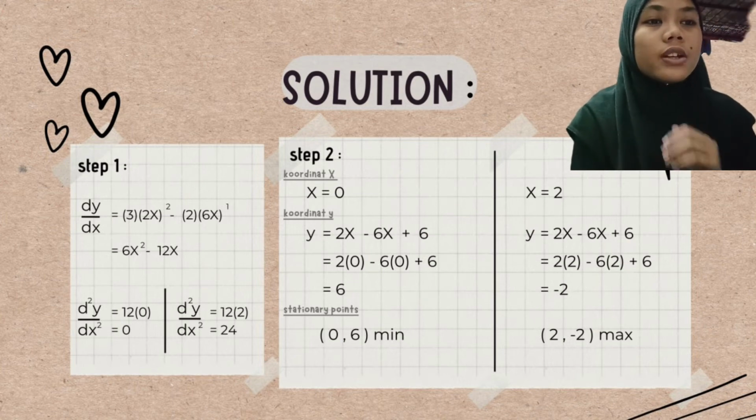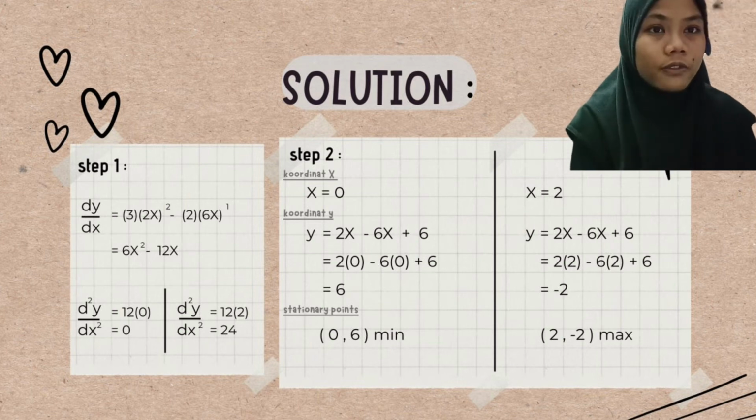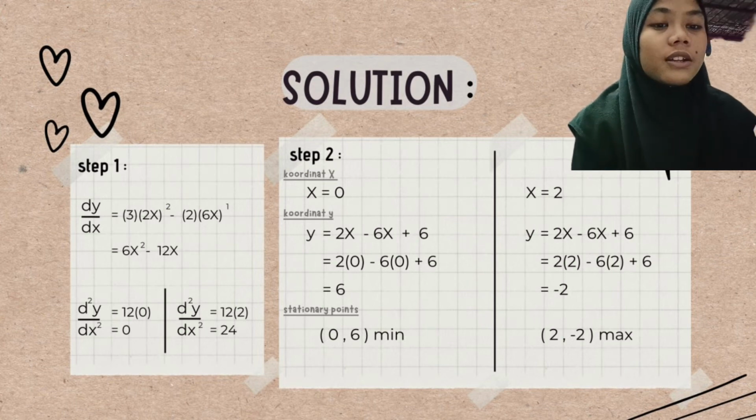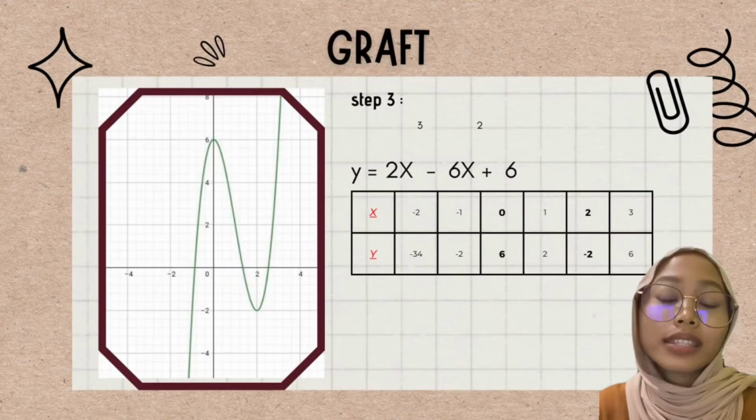For the values of x, 0 and 2, when we substitute x equals 0 and x equals 2, we get the results.